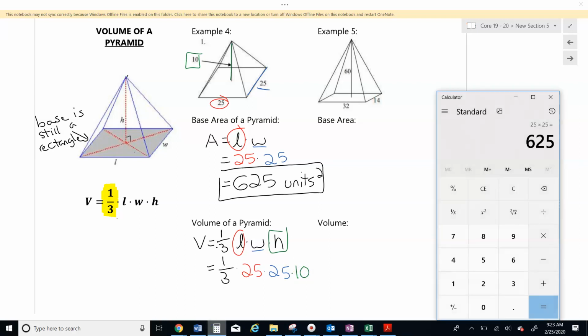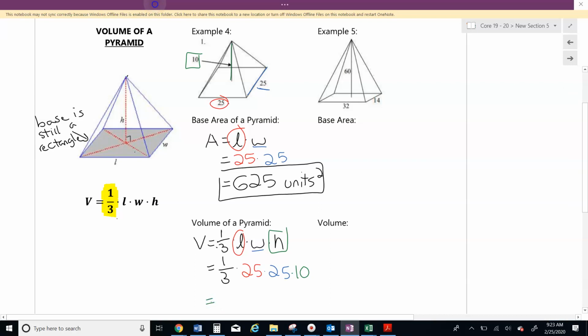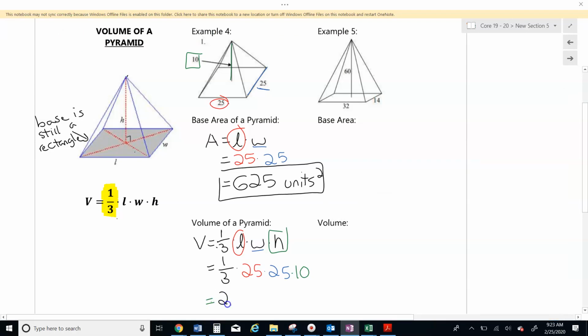I'm going to type all this in my calculator, so I have 1 divided by 3 times 25 times 25 times 10. It's okay to have a decimal. It's also okay to have it as a fraction. So my decimal is 2083.3.